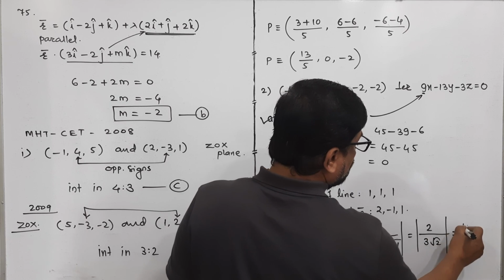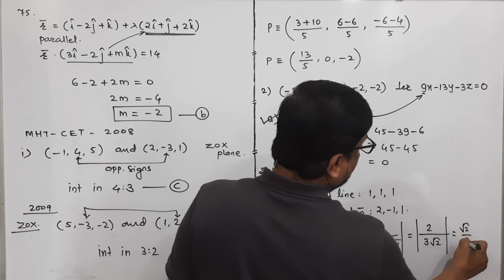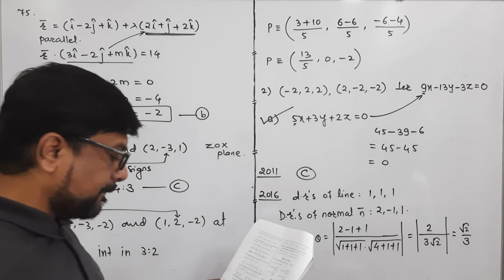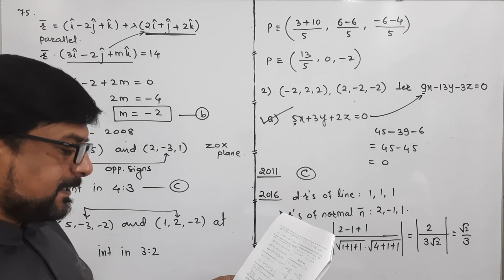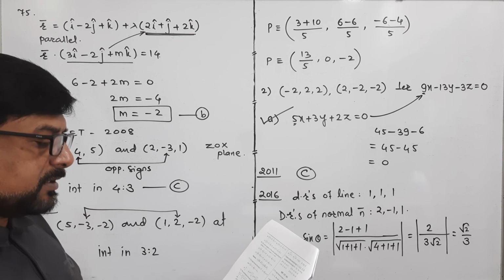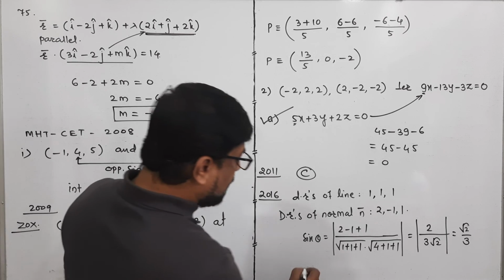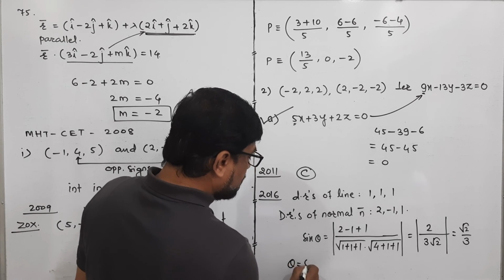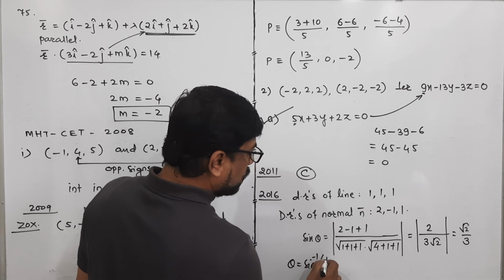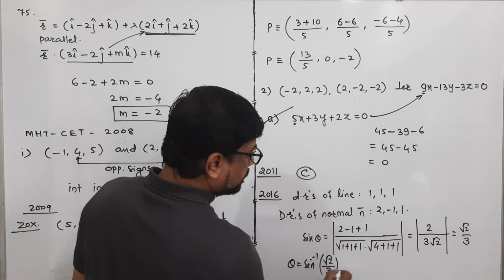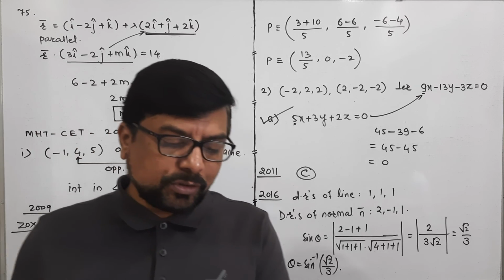Means it is nothing but root 2 upon 3. Root 2 by 3 is sin theta. यानी थीटा की वैल्यू क्या आ गई है इसमें? थीटा इज नथिंग बट साइन इनवर्स ऑफ रूट 2 by 3. थीटा इज इक्वल टू साइन इनवर्स ऑफ रूट 2 upon 3. चलो इसको नोट करो जल्दी जल्दी.